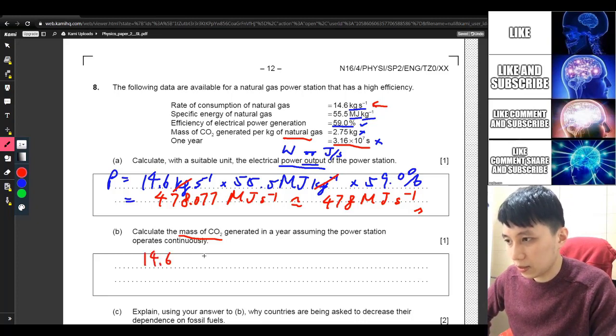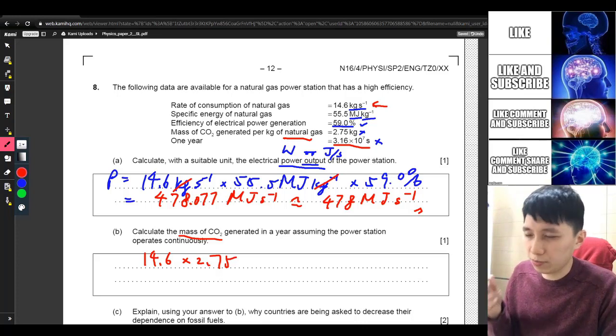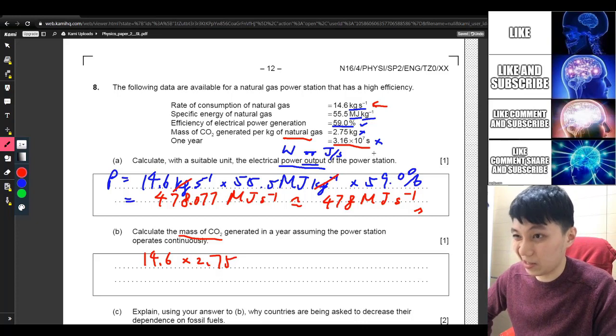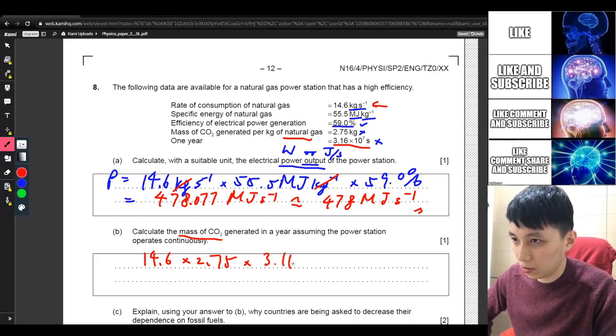So this multiplied with 2.75 is the one that for each kg of natural gas you produce 2.75 kg of CO2. Alright, that's a lot. Yeah, per kg. Yeah, that's right. And then this is for 1 second, right? So the whole year you have that many seconds.